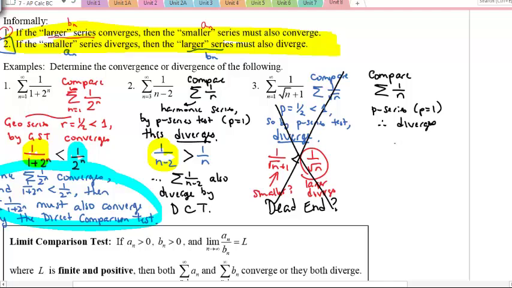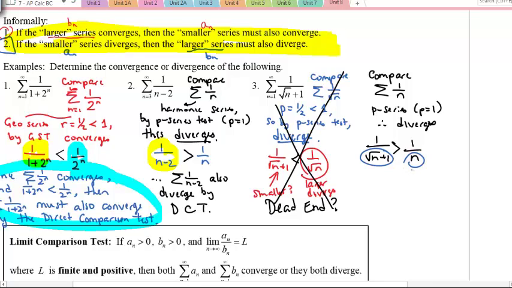And so now let's compare 1 over root n plus 1 with 1 over n. And I hope you see that in this case the term on the left is more, right? Because root n plus 1 is always less than n, so the reciprocal must be more.